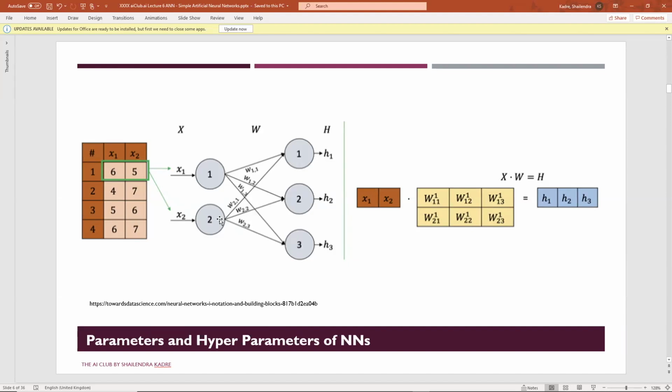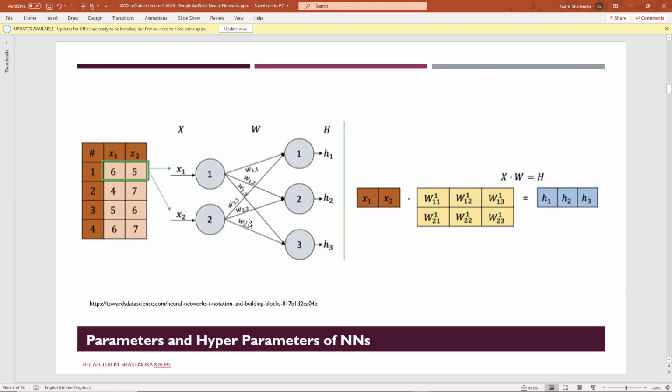Similarly, the second input neuron connected to the first neuron of the hidden layer is W21, then to the second hidden neuron it is W22, and to the third neuron of the hidden layer it is W23.